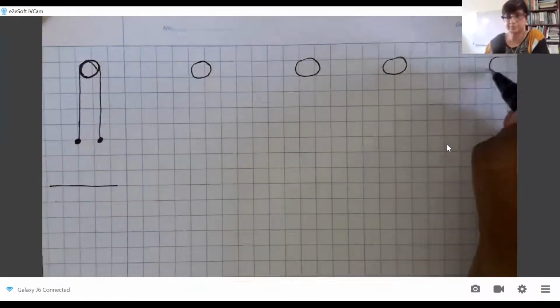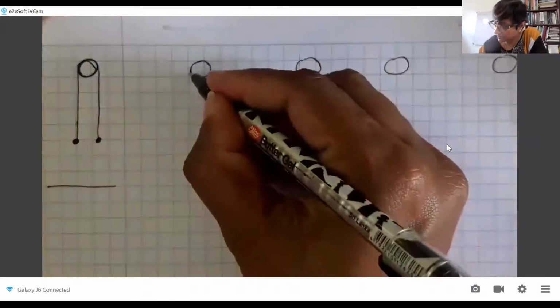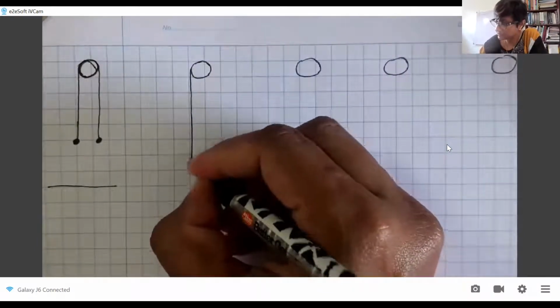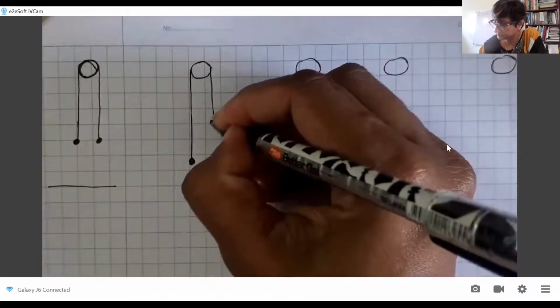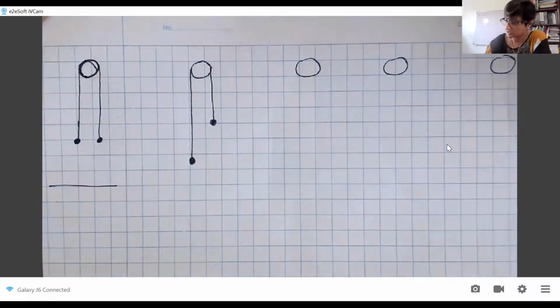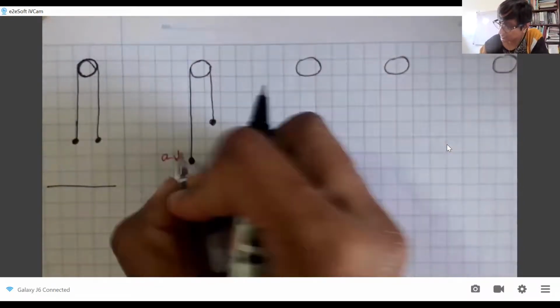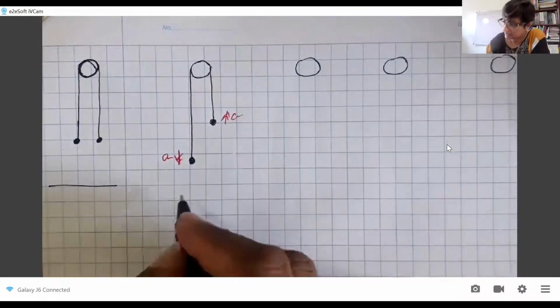So I'm going to progressively draw different stages of it. Then this will start coming down. Say when it is somewhere here, this will be somewhere here, right? So this is going down with acceleration, this is going up with acceleration. Here's the ground.